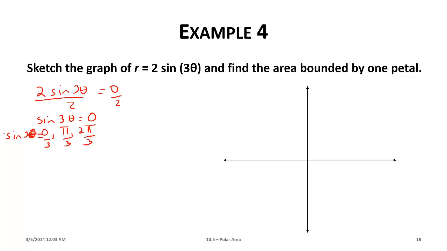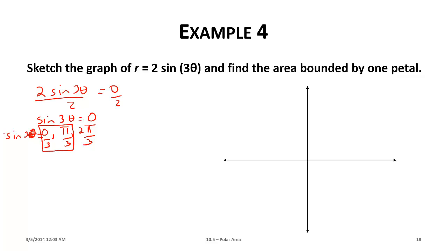But here's the thing. We only care about one petal. So we'll have 0 to pi over 3 as our boundaries. Now those are just our boundaries. It does not mean that's what the graph looks like there. If we're going to sketch the graph, here's the thing. If you remember back to geometry, this is 360 degrees.